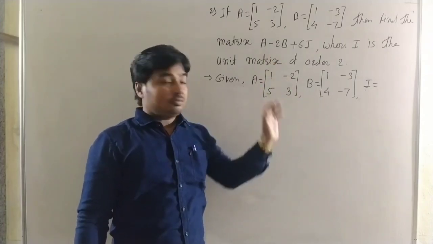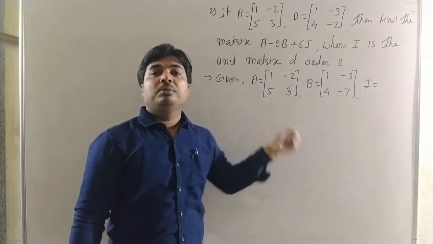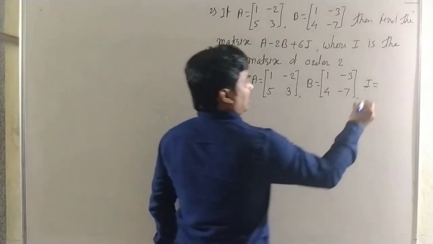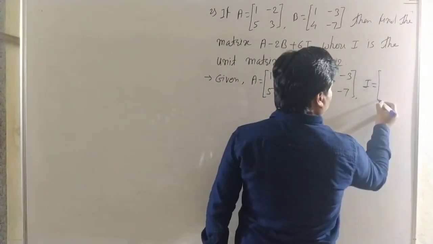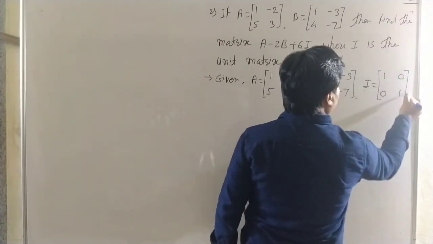Unit matrix means all non-diagonal elements are 0 and the diagonal elements are 1. Okay, and it is order 2, that is 2 rows and 2 columns, 1 0 0 1. It is the unit matrix.